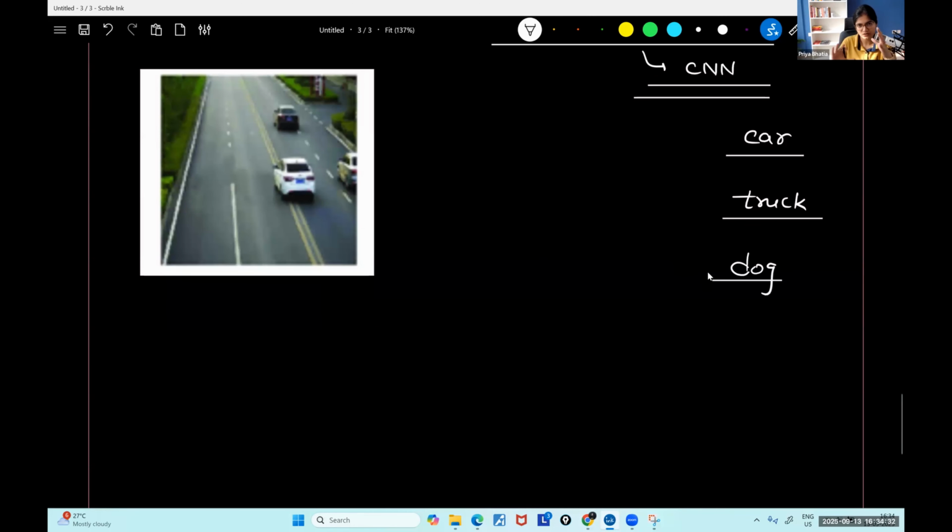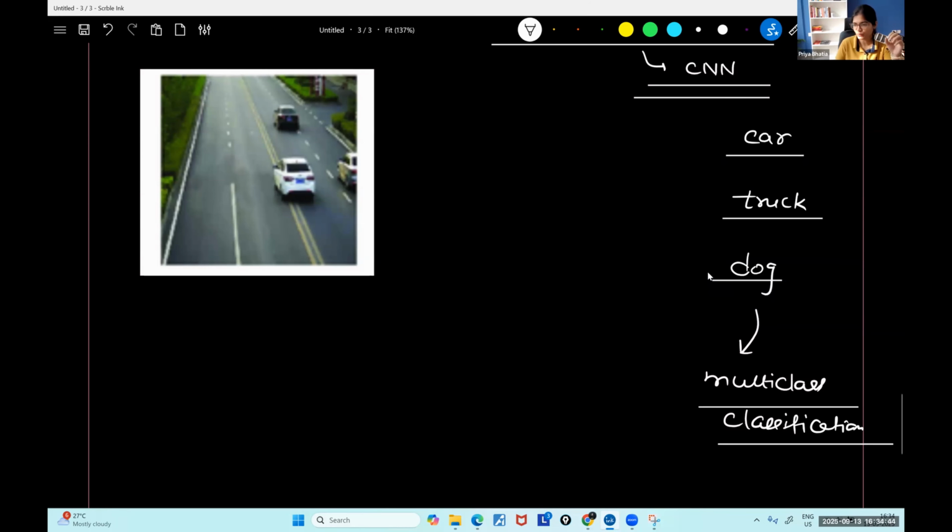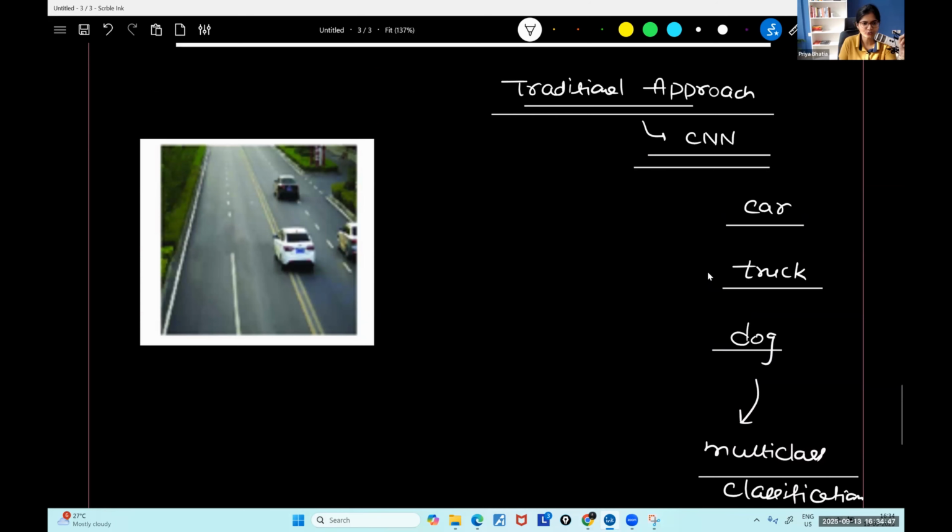So basically we are solving a multi-class classification problem over here as well. But initially what they thought is that we will try to create similar size pictures. We will try to start with a rectangular portion, maybe having some height and width.